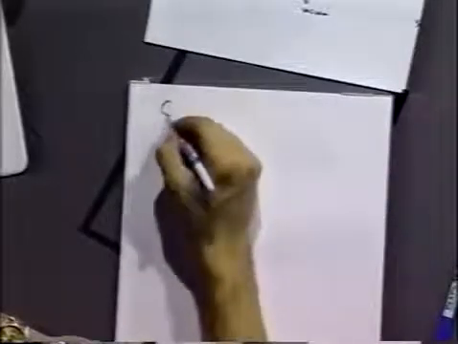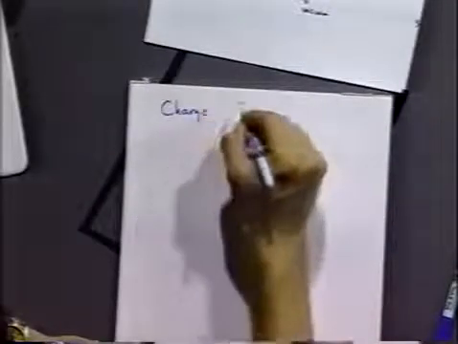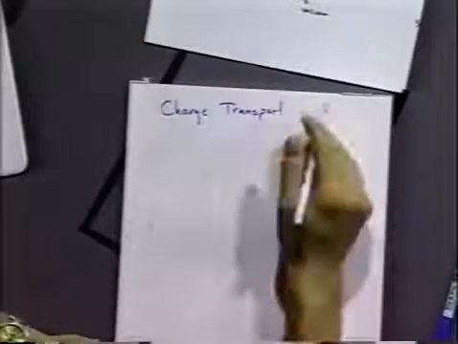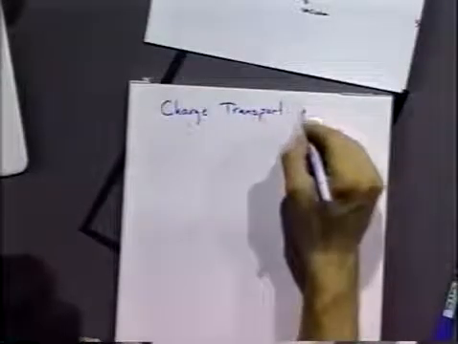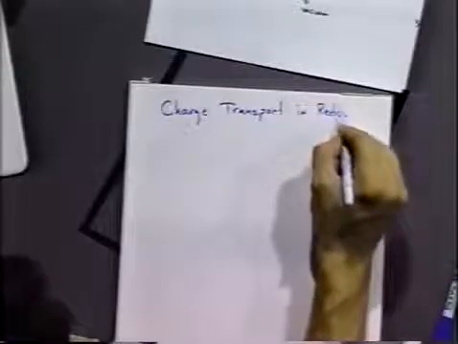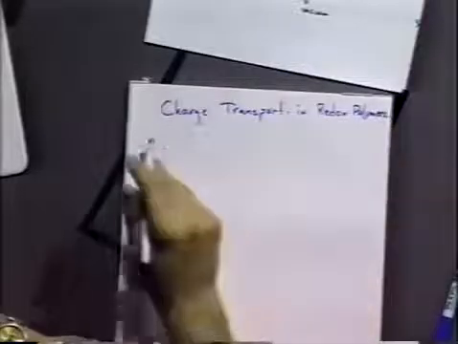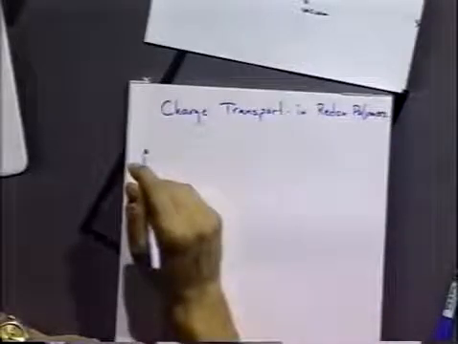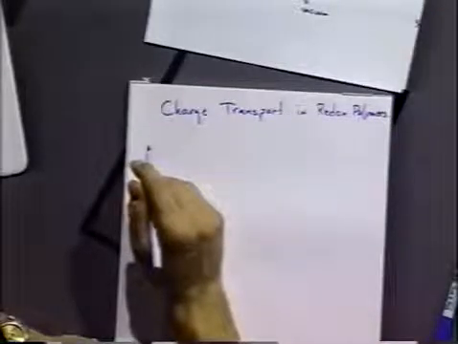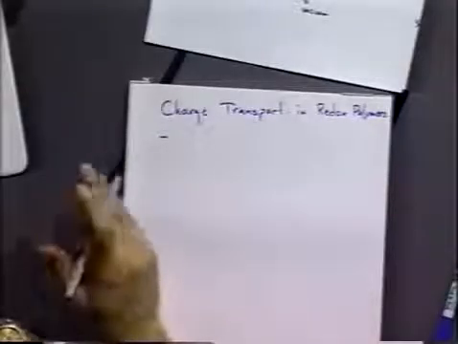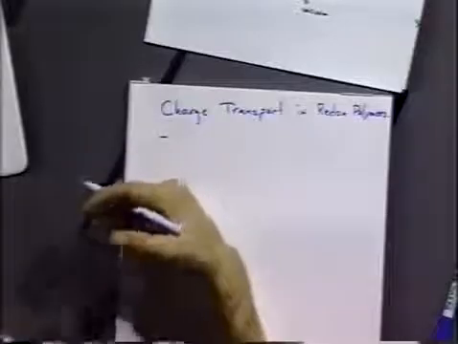All right, let's go back to the idea of charge transport in redox polymers. When we look at charge transport, we can think of the charge as having some sort of diffusion coefficient.